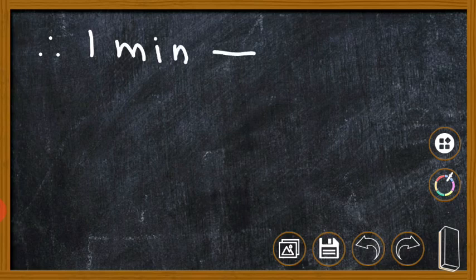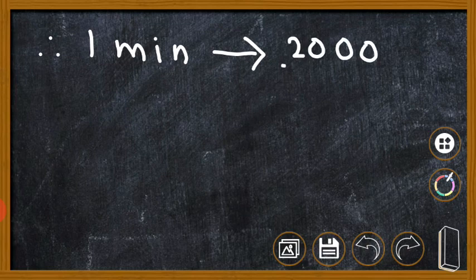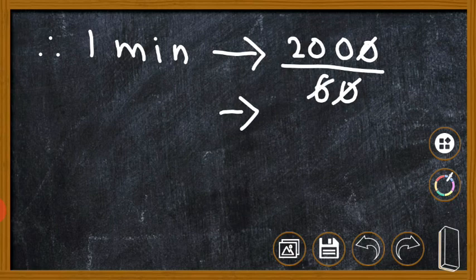Therefore in 1 minute, 2000 divided by 60. What is the answer? 100 by 3.